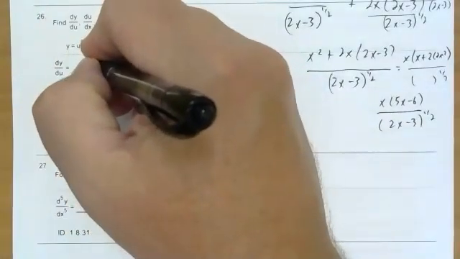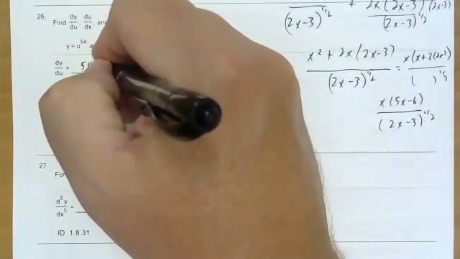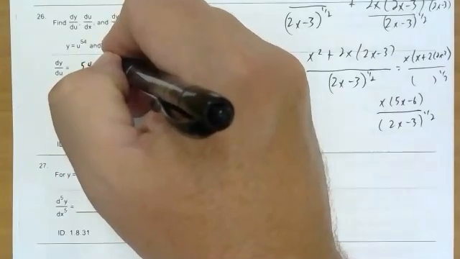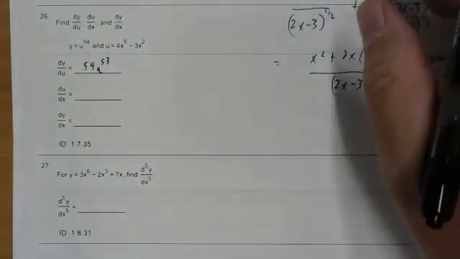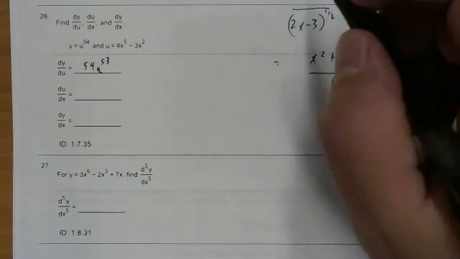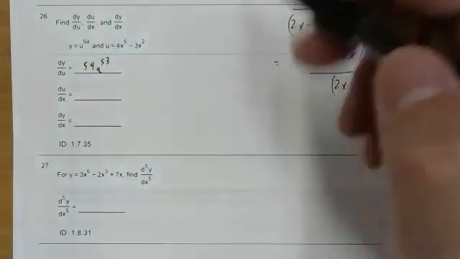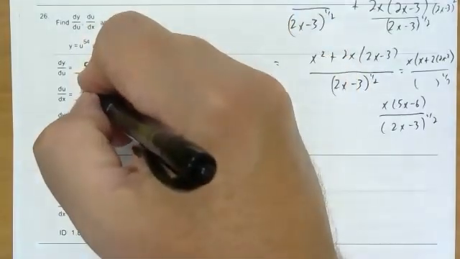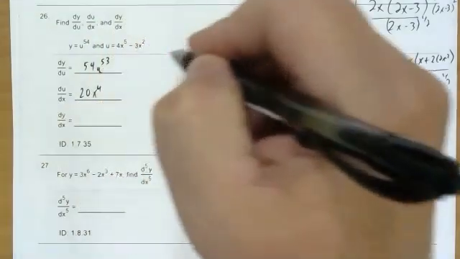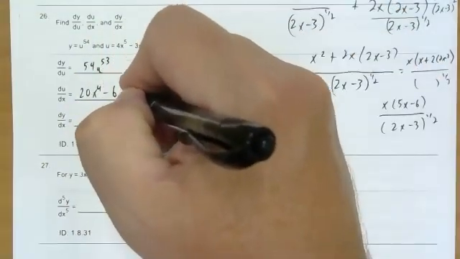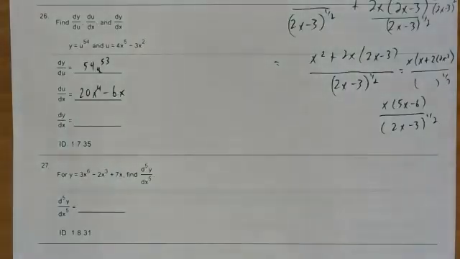So it's just going to be 54u to the 53rd. And then du/dx is this one here. So if we take the derivative with respect to x, you get 20x to the 4th minus 6x.